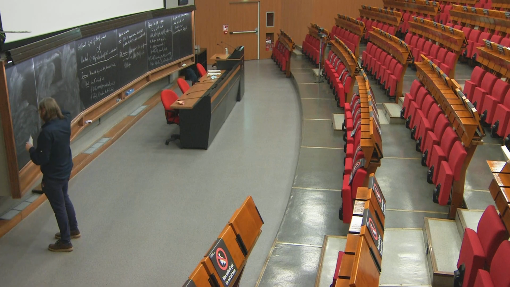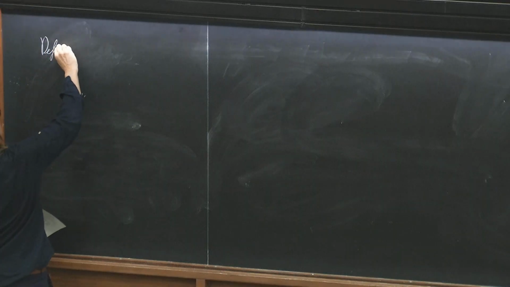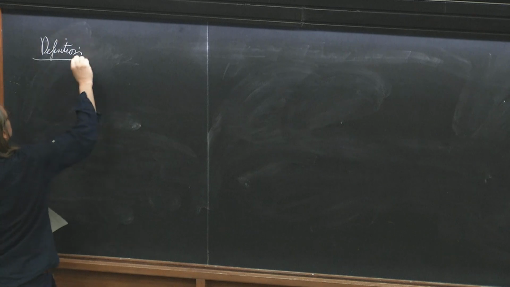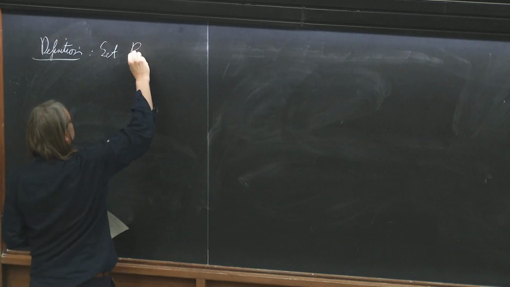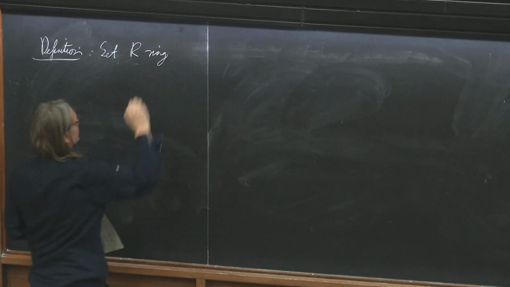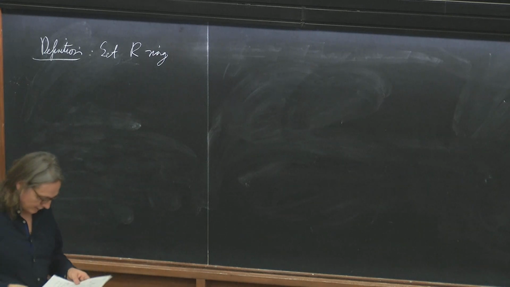So let me now define modules and what it means for a module to be finitely generated, which corresponds to this. So, definition. Let R be a ring. And for us, a ring always means commutative with 1.